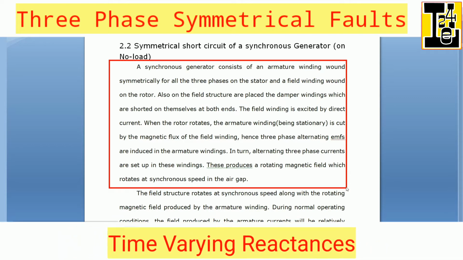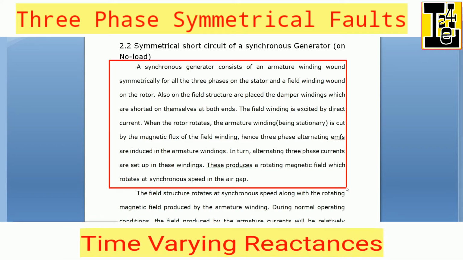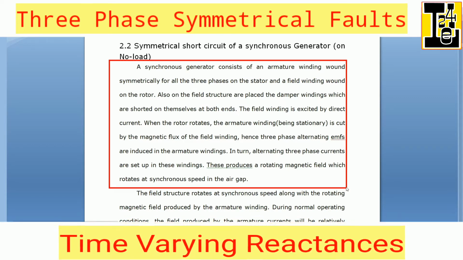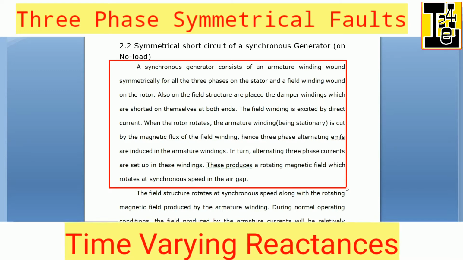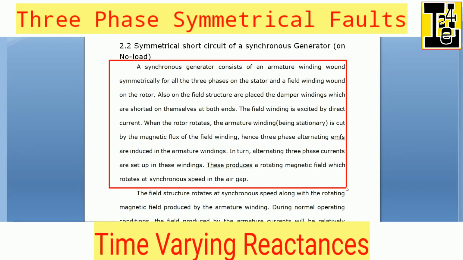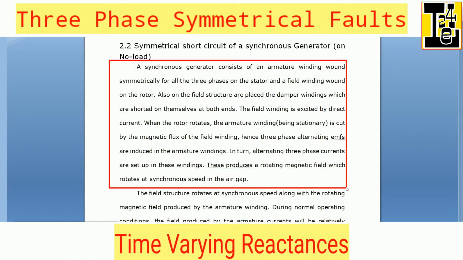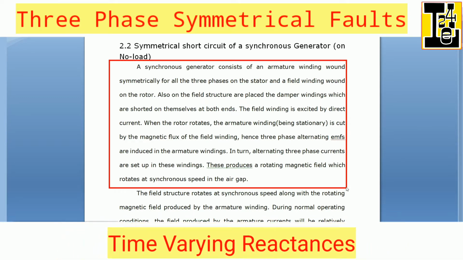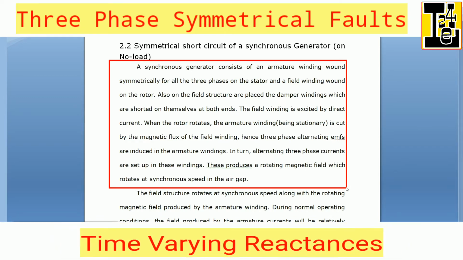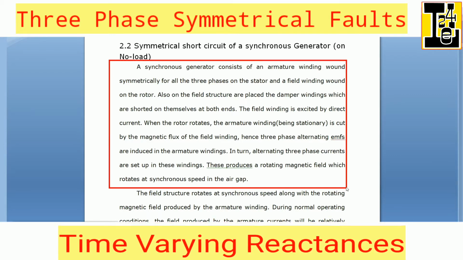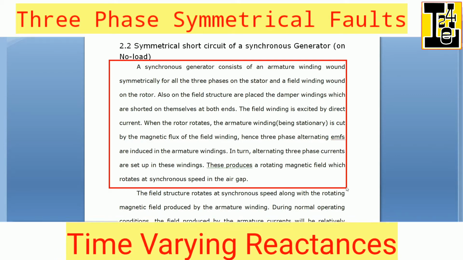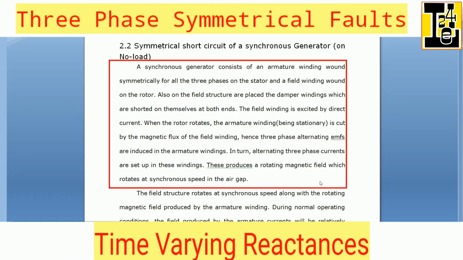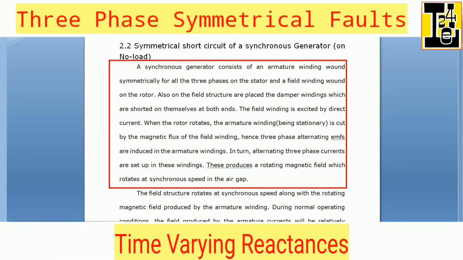When the rotor rotates, the armature winding is cut by the magnetic flux of the field winding. Hence, the three-phase alternating EMFs are induced in the armature windings. In turn, alternating three-phase currents are set up in these windings. These produce a rotating magnetic field which rotates at synchronous speed in the air gap.